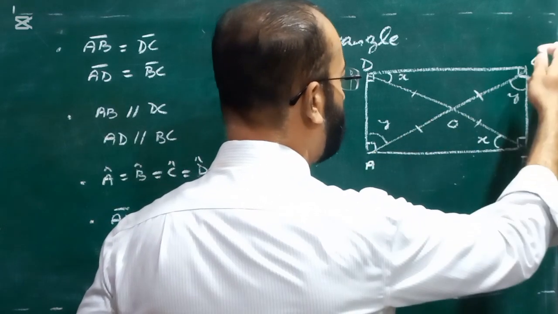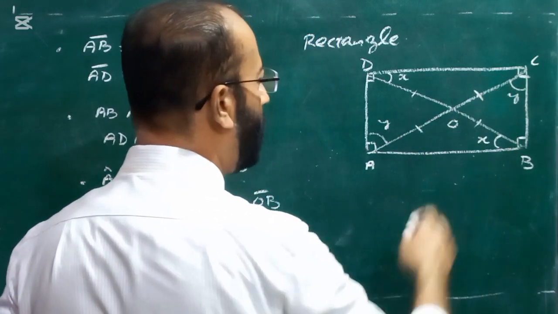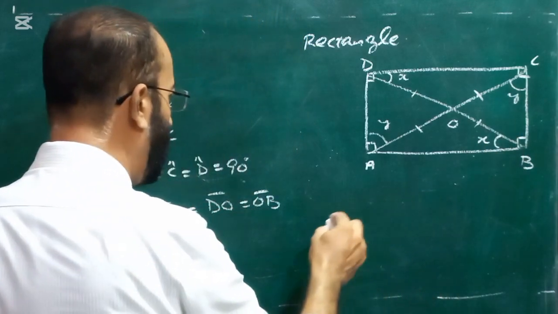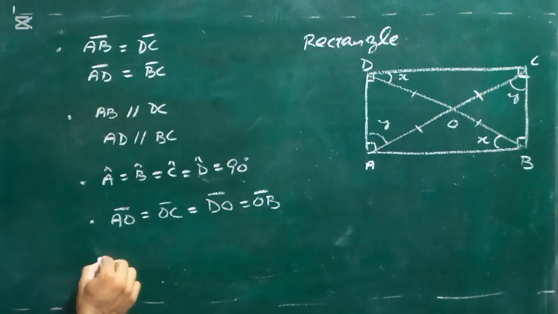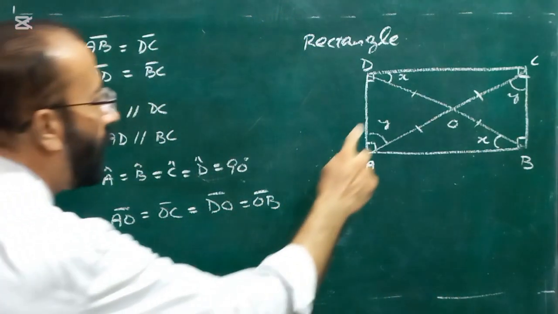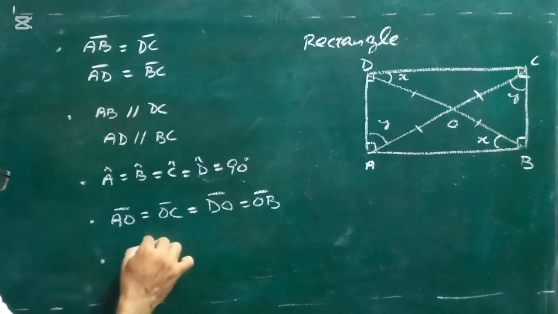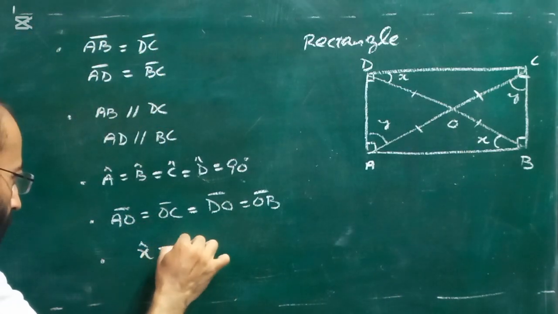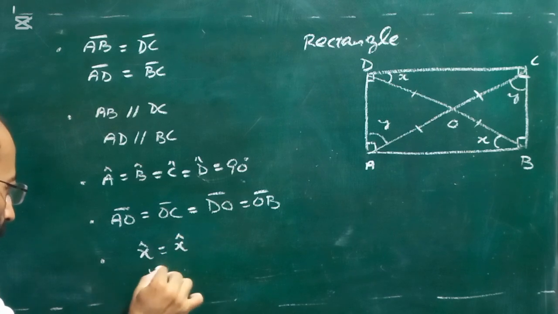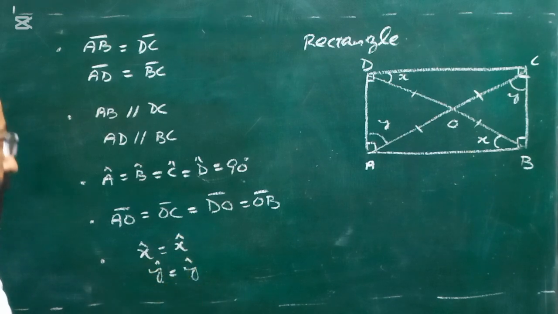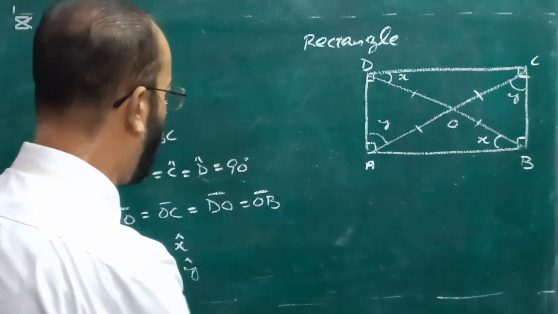So this is the transversal line which is cutting them. So the next property is this x angle is equal to x angle and y angle is equal to y angle because of the alternate angles.